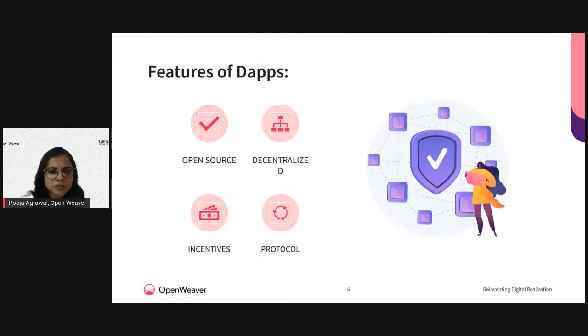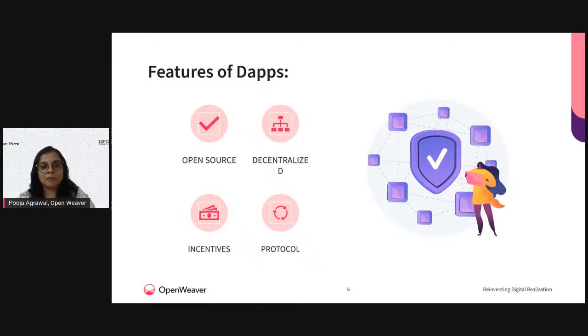So what are the different features of your distributed apps? The interesting part is they provide you with open source as one of the features. When we say open source, they are controlled by autonomy, and throughout there is a consensus mechanism that follows. If someone wants to make a certain change on blockchain, a majority of the network has to follow.